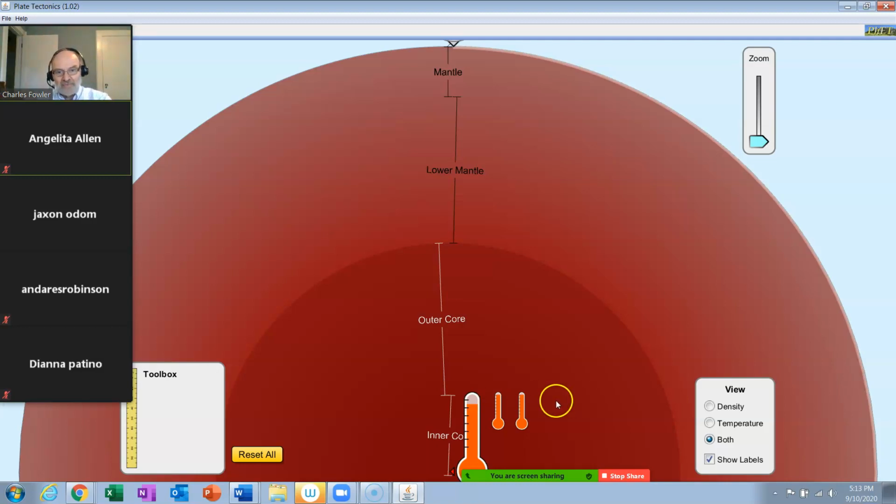Every little thermometer there was 100. Every little density meter was 10. And these are just relative. That's not an actual temperature, but it just shows it got hotter and hotter and hotter, denser and denser and denser.